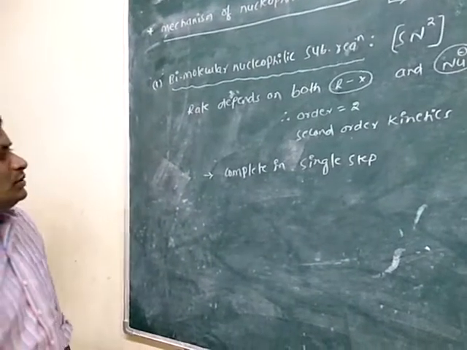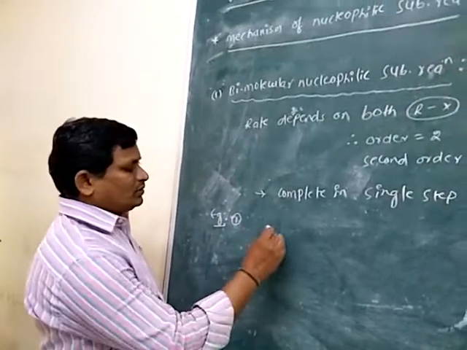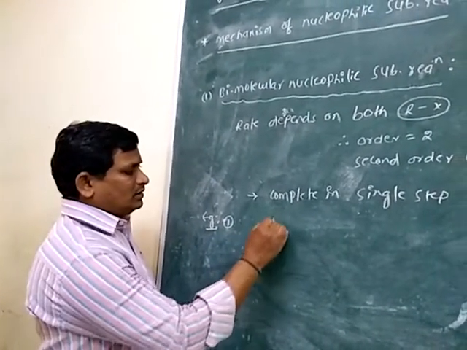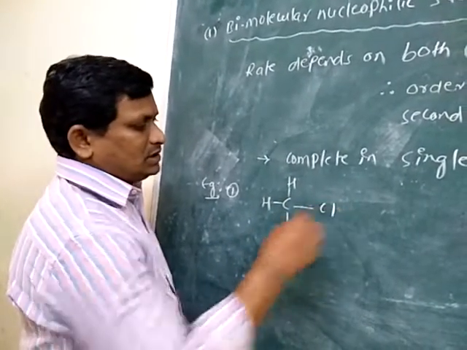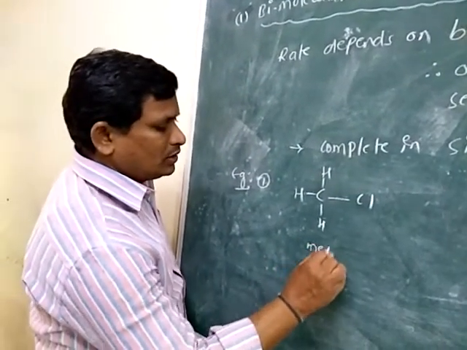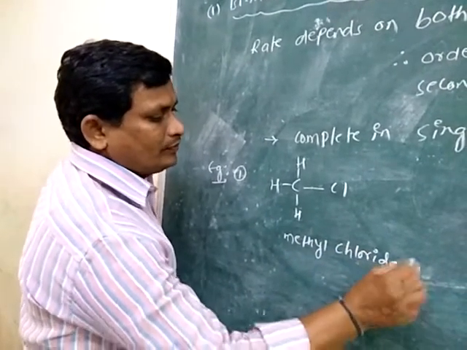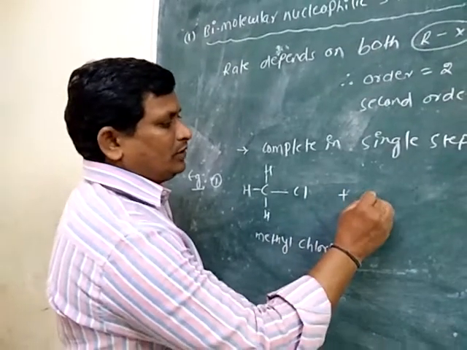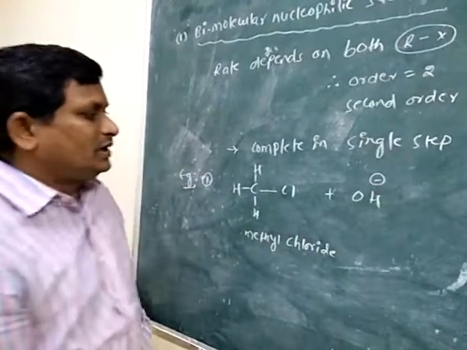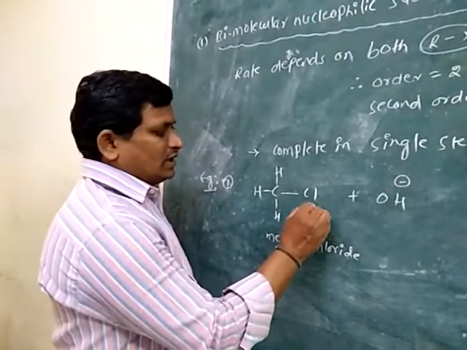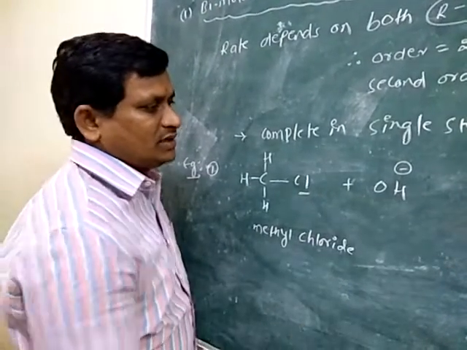Example one is methyl chloride, CH3Cl, plus the nucleophile OH minus. The halogen chlorine is substituted by the nucleophile OH minus.